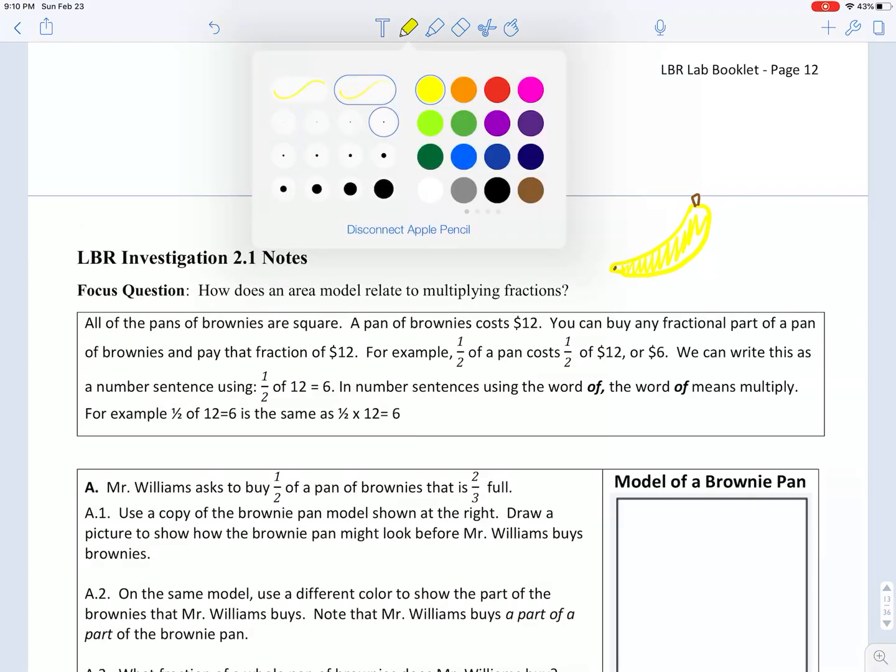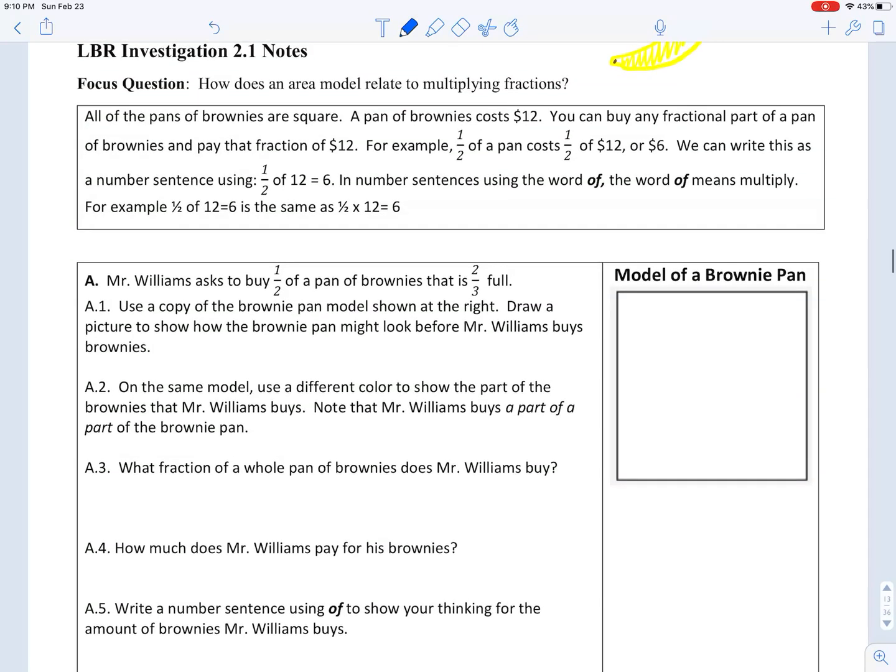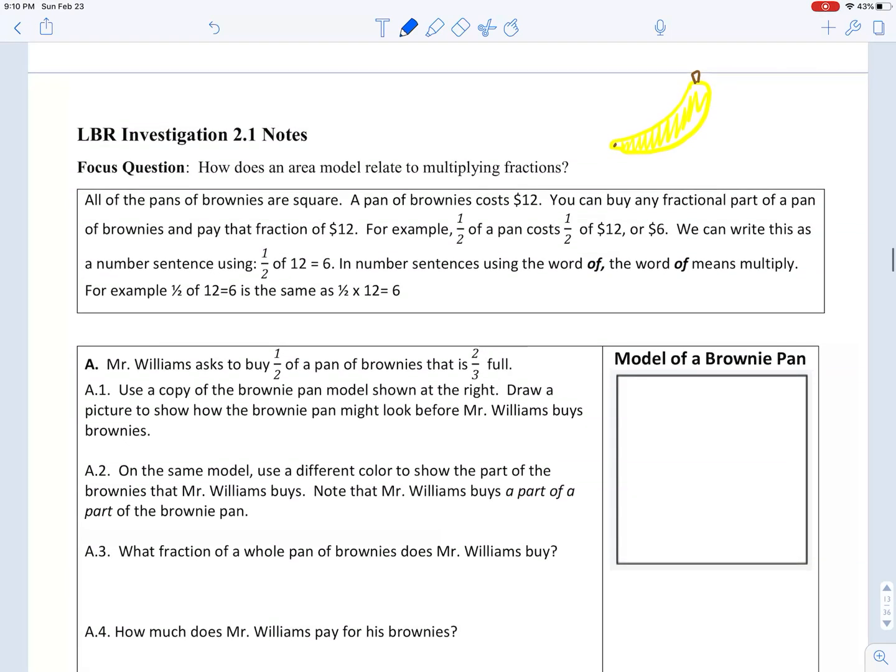Let's go ahead and dive right into our lesson for today. We're talking about multiplying fractions. And of course, there are a bunch of different situations with multiplying fractions, and we're going to take a look at some of the different types of things that you will encounter. So, our focus question here says, how does an area model relate to multiplying fractions?